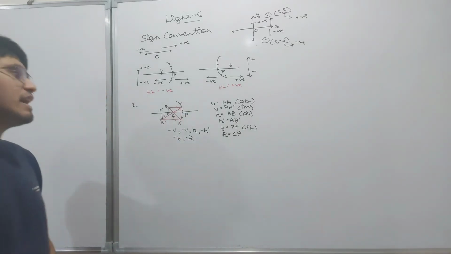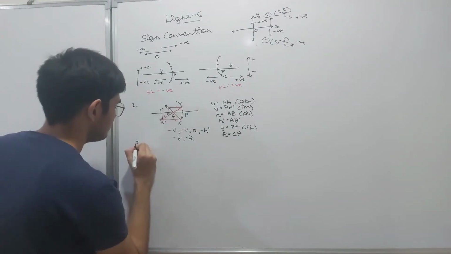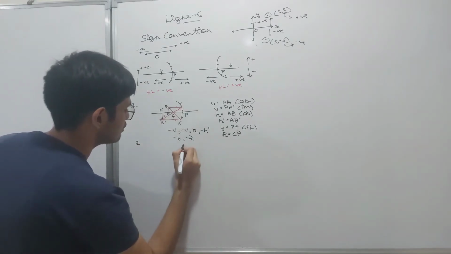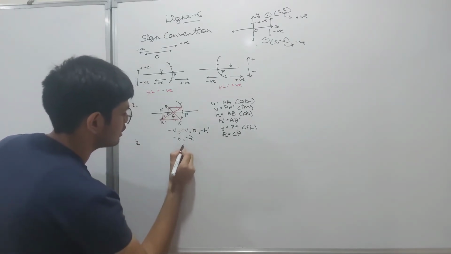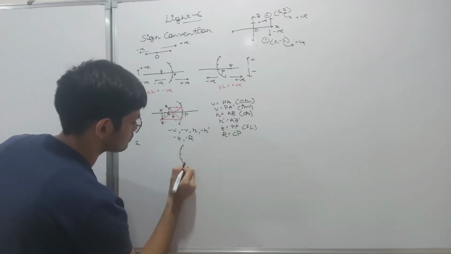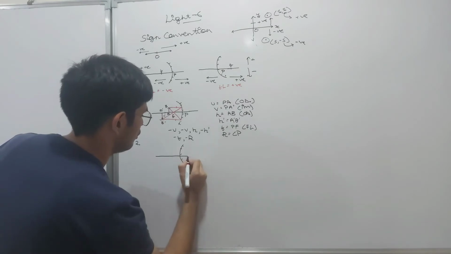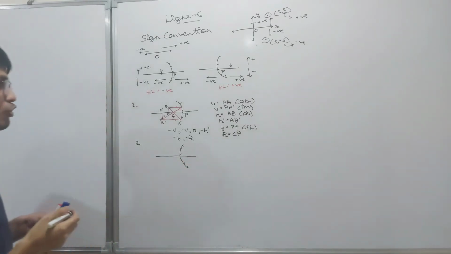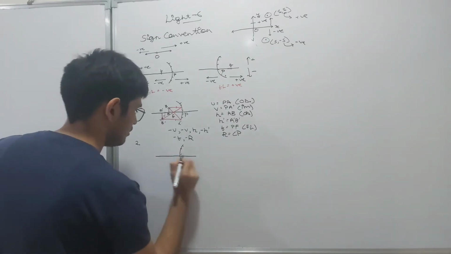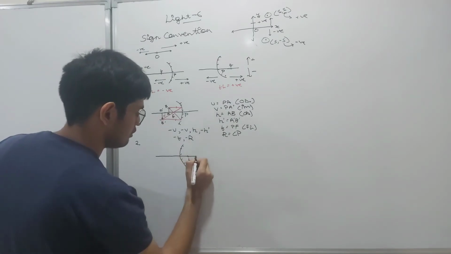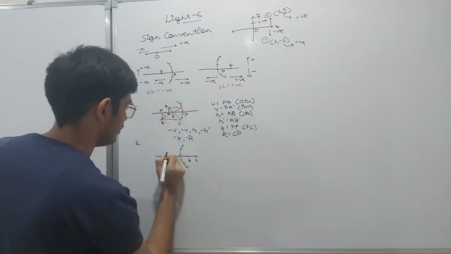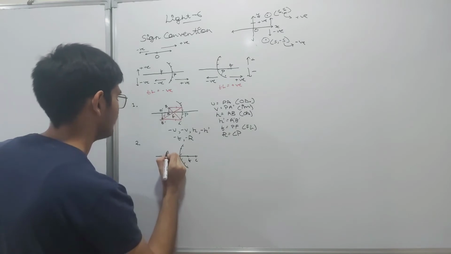Now if we just take the case of a convex mirror, suppose that this is a convex mirror. Now suppose this is the focus, this is the center of curvature, and your object is present somewhere over here.